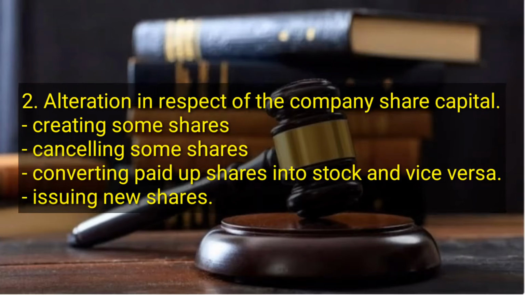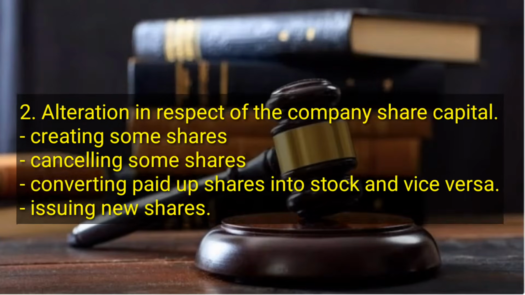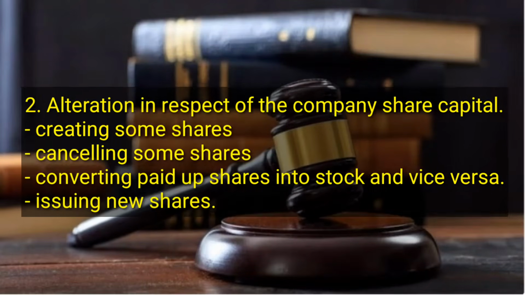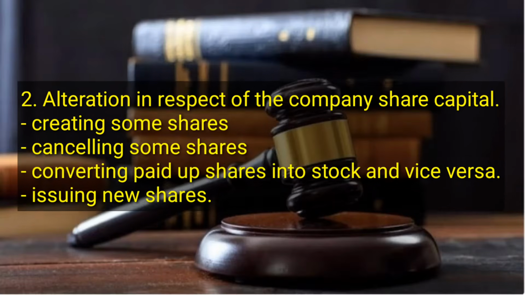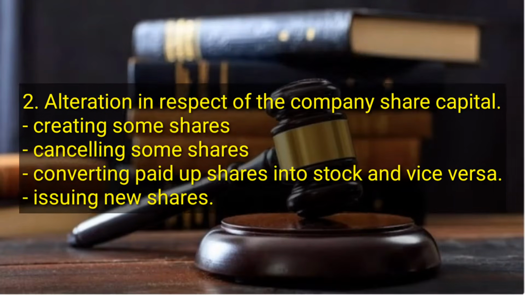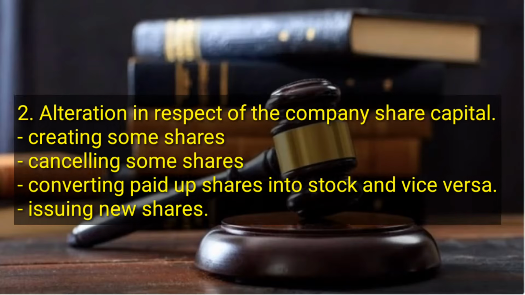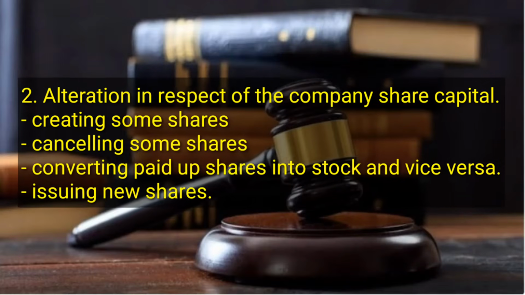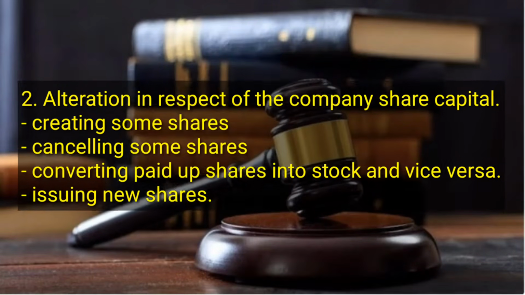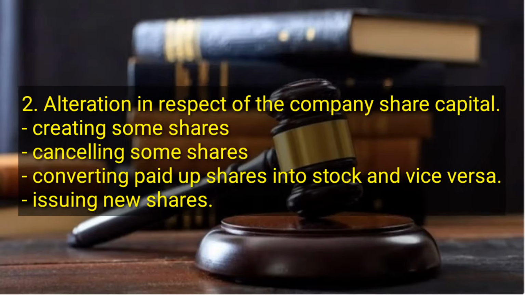Another way of altering the Memorandum of Association is alteration in respect of the company share capital. The memorandum can be altered where the share capital of the company is being altered, and this is subject to companies limited by shares or companies limited by guarantee.